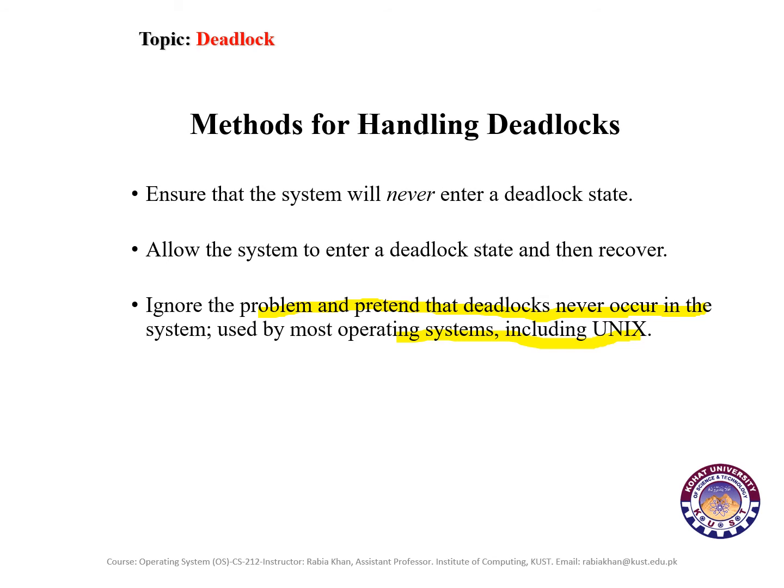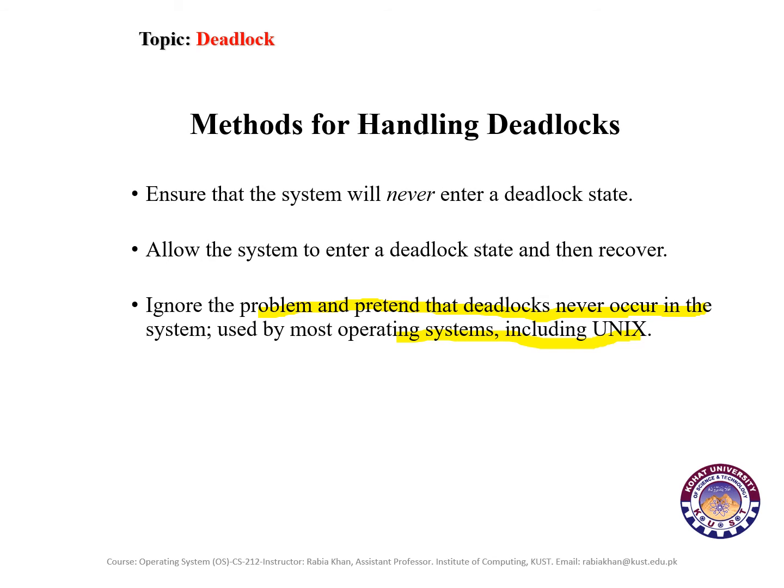The main reason for ignoring this problem is that such operating systems are claimed to be more secure. Due to tight security, there is no mechanism to handle deadlocks. That's why they ignore this problem, as they expect deadlocks will never happen due to foolproof security measures.